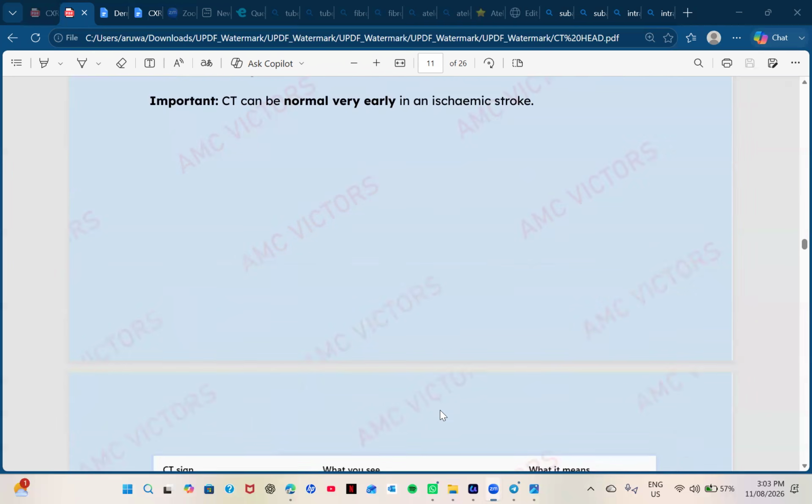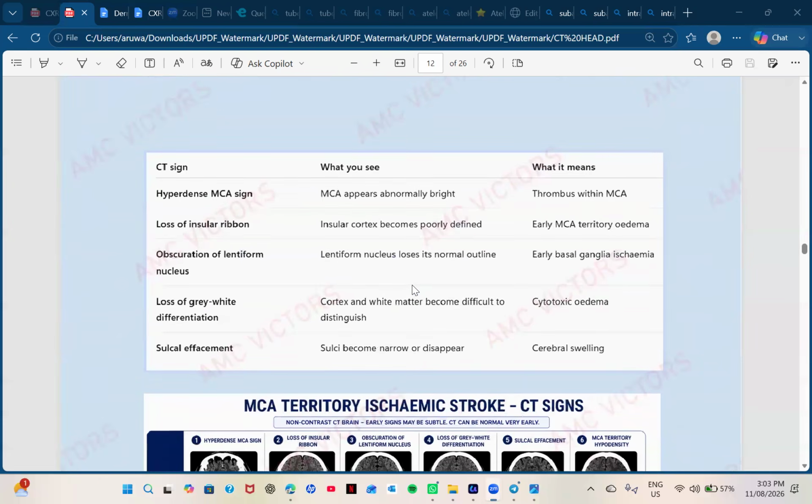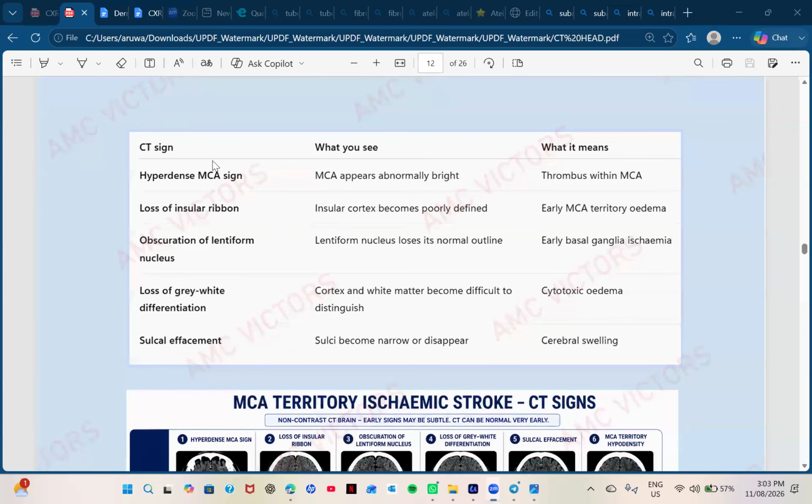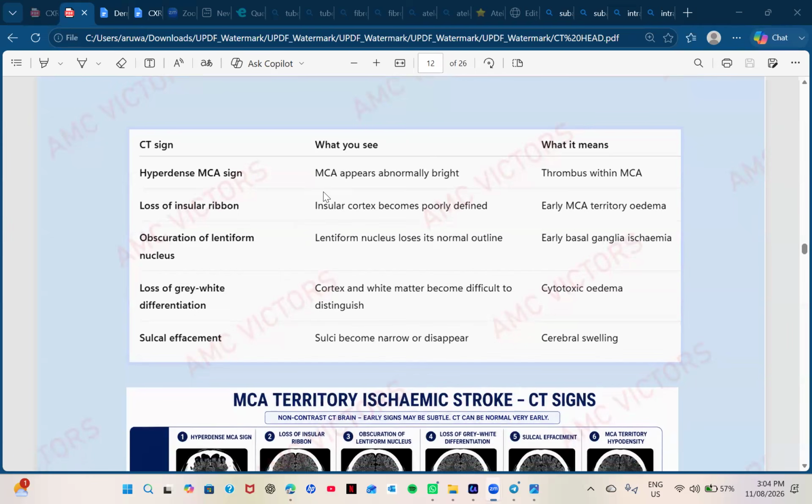Okay, let's see what things you can see in these strokes. What is the hyperdense MCA sign? The middle cerebral artery appears abnormally bright. What does that mean? Thrombus within the MCA, right?